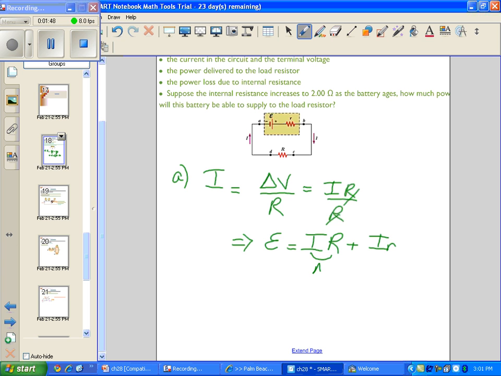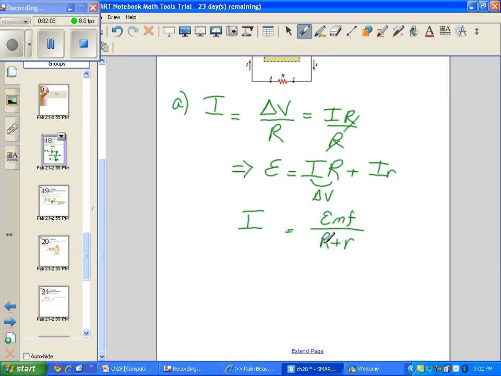This is our delta V. And in this expression, if we factor out the current, we get I equals EMF divided by load resistance R plus little r, the internal resistance. And by the way, we can write the EMF as just E or EMF, whichever is your preference.